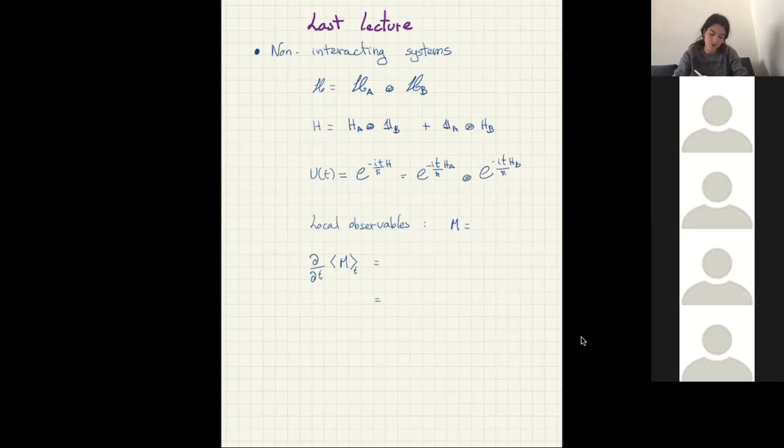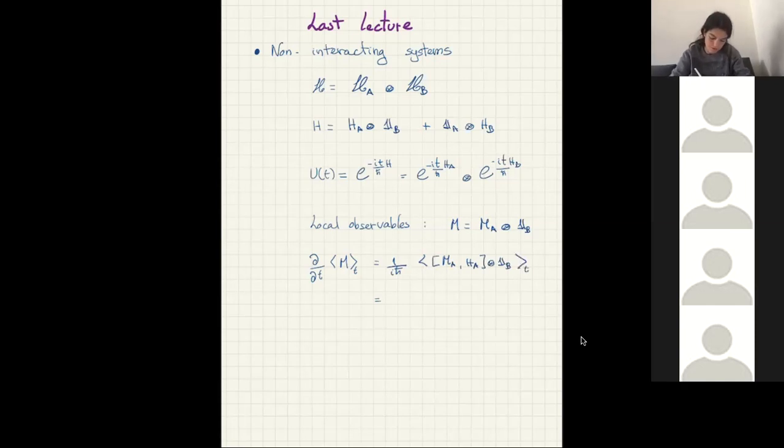And if we have local observables, we saw that they only depend on the evolution on the side of the subsystem on which they act. So if you have an observable that acts only on system A, then its evolution over time ends up depending only on the Hamiltonian that acts on A.